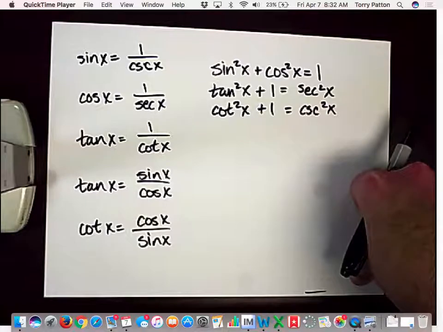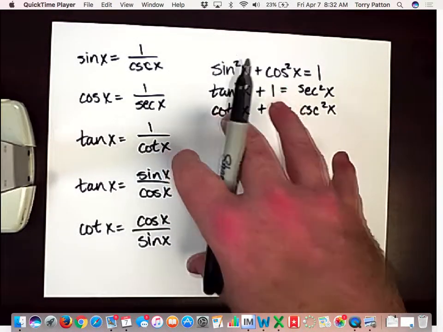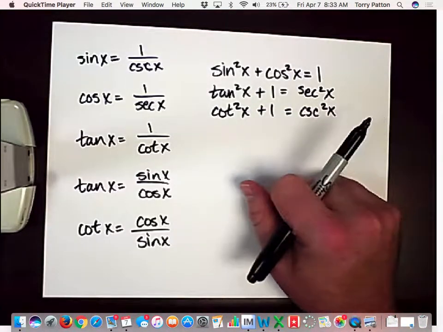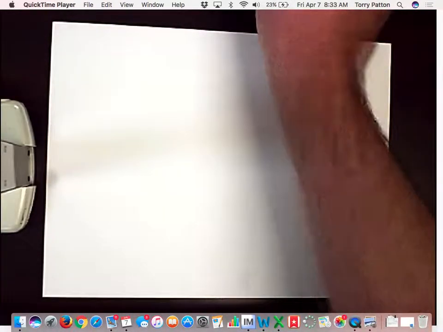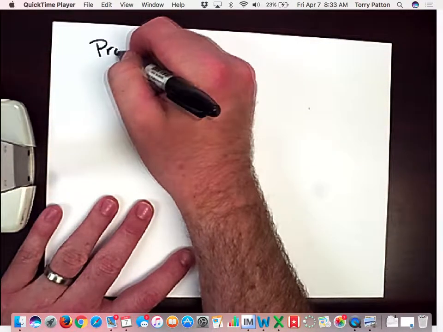Okay? Every problem that you're going to have in the next 2 sections can be done using these identities right here. Okay? So what it's going to look like in the next section, instead of saying simplify, it will say prove.